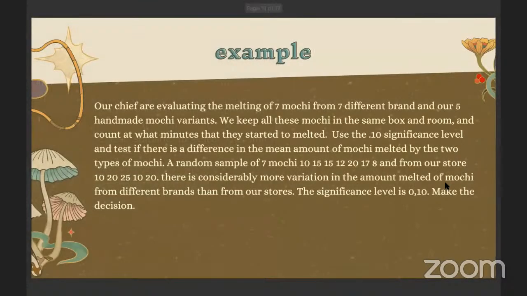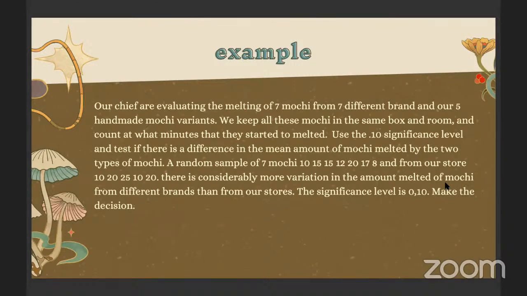And for the example, suppose that our chef is evaluating the melting of 7 mochi from 7 different brands and then comparing it to our 5 handmade mochi variants. We keep all this mochi in the same box and room and count at what minutes they started to melt. Use the 0.10 significance level and test if there is a difference in the mean amount of mochi melted by the two types of mochi.